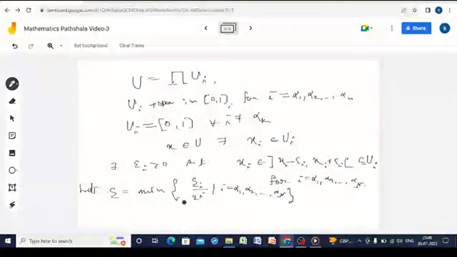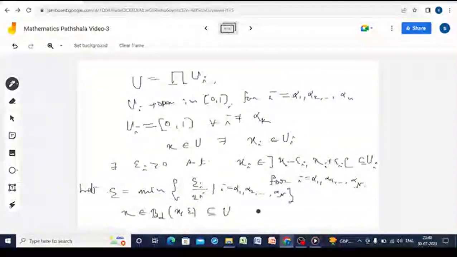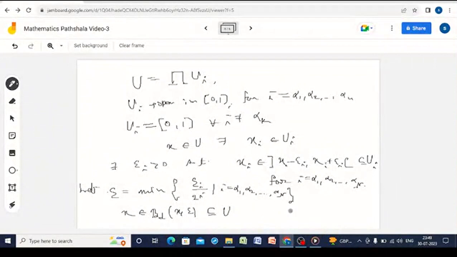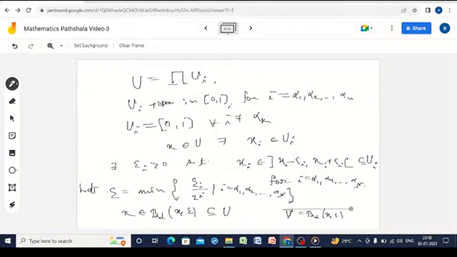So this is the minimum of epsilon alpha 1 by 2 to the power alpha 1, epsilon alpha 2 by 2 to the power alpha 2, and so on up to epsilon alpha n by 2 to the power alpha n. And we now show that x belongs to this Bd(x, epsilon), a subset of our U. So we take this Bd(x, epsilon) as our required V, which we need to find.